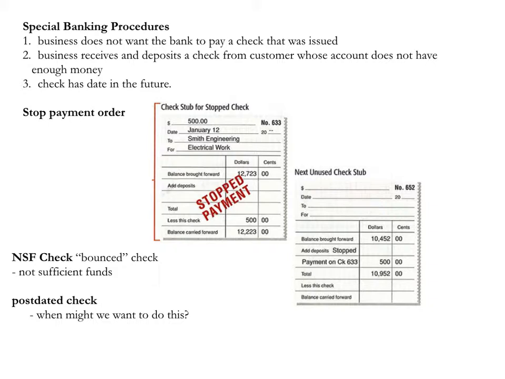Just think about some times when we might want to do this. Suppose I'm meeting with someone and I want to give them the check, but the money's not going to be in my bank account for another day. Well, I can write the check with a date in the future, so I don't have to make a second visit to that person and give them the check later.